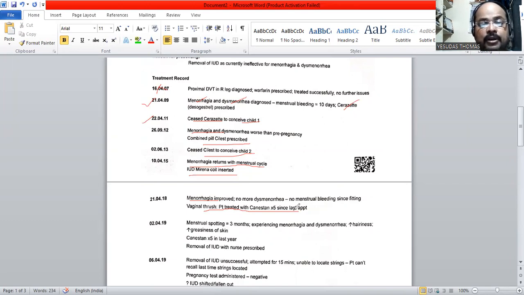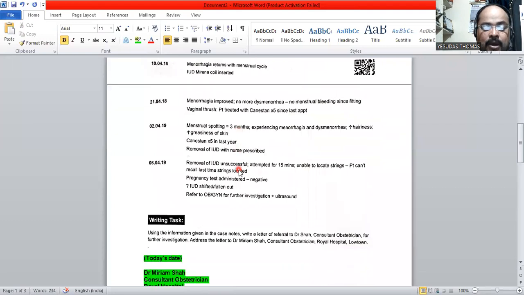After the insertion of the intrauterine device in 2015, she had an improvement in her condition, but after 4 years, she had another relapse: spotting, menorrhagia, dysmenorrhea, increased hairiness, greasiness of skin. Therefore, the nurse prescribed the intrauterine device removal. And today, the removal of the IUD was unsuccessful.